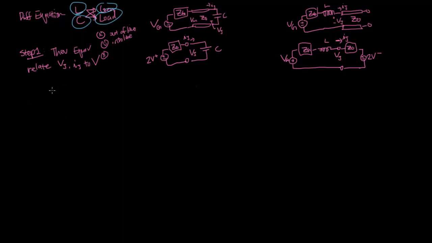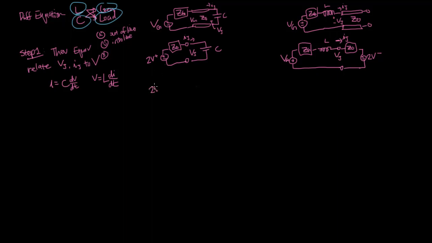So to write out this relation, we also want to use the fact that the current is going to be C dV/dt, and the voltage across the inductor is going to be L dI/dt. So using that and looking at the circuit, let's do that for this capacitor circuit here.